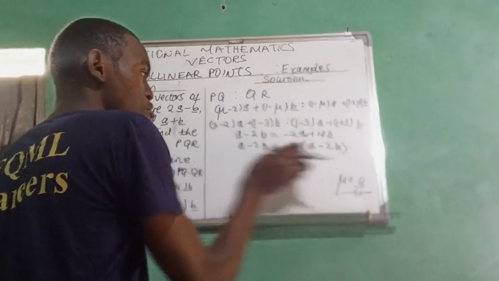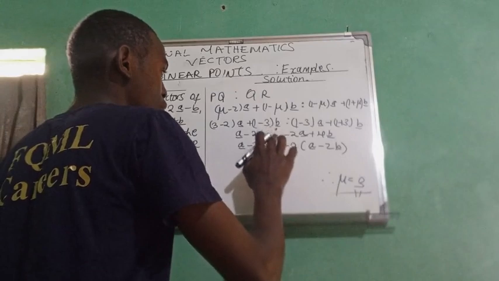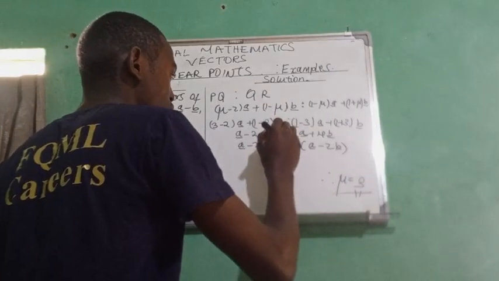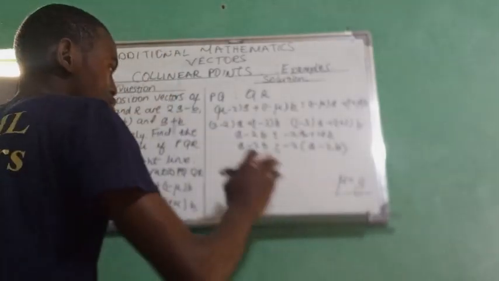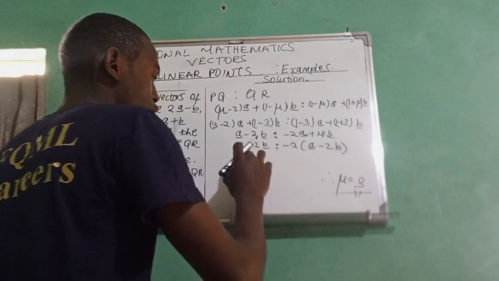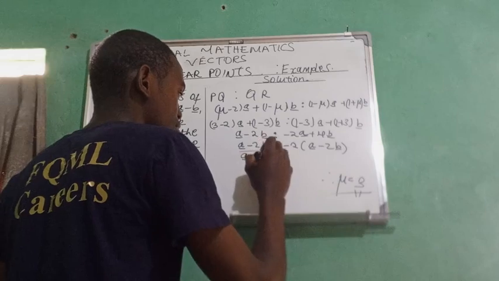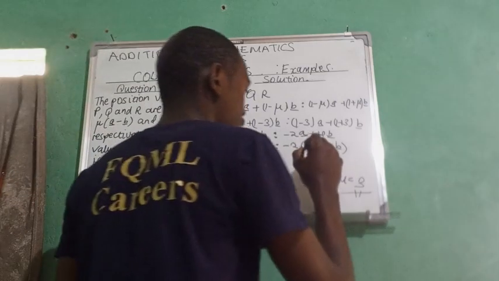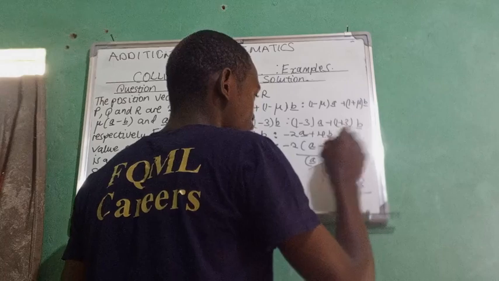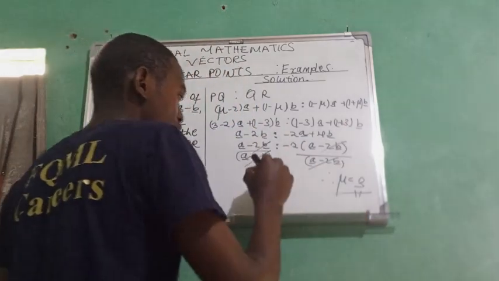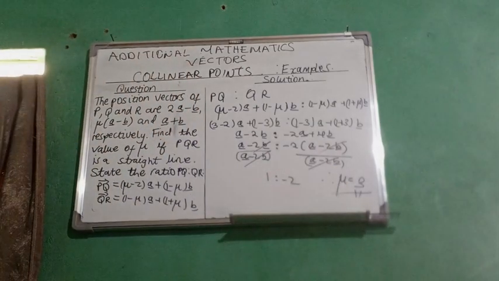Then since we have the common vector here, let me just continue with the ratio sign. If we drop the vectors, or if we divide both sides by this, this and this will go, leaving us with 1 to negative 2.